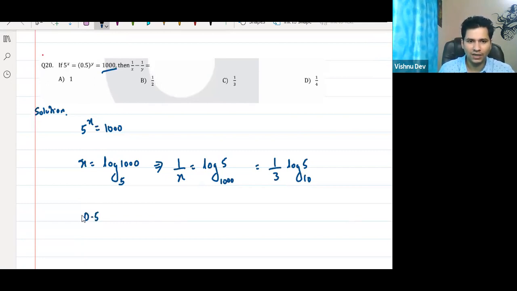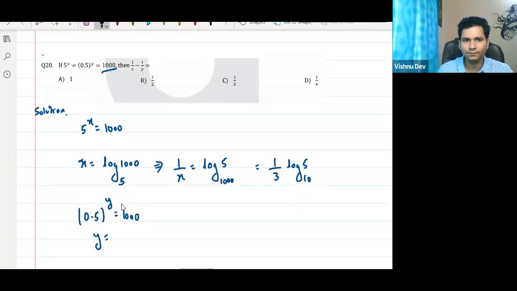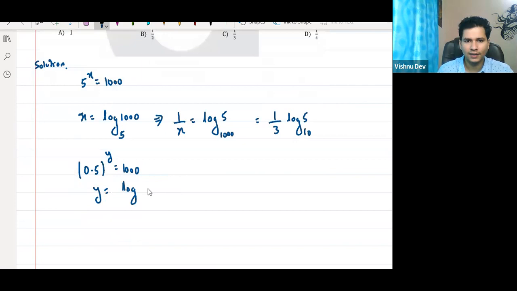Second point. 0.5 to the power y is equal to 1000. Now think about it, sir. This is also the same. Now, y is equal to what? Y is equal to log 10 to the power 3 base 0.5.